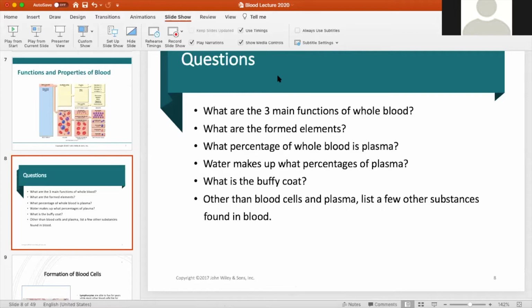Go on to the next one here, right? The formed elements are red blood cells, white blood cells, and platelets. Let me go ahead and launch that. Is that true or is that false?